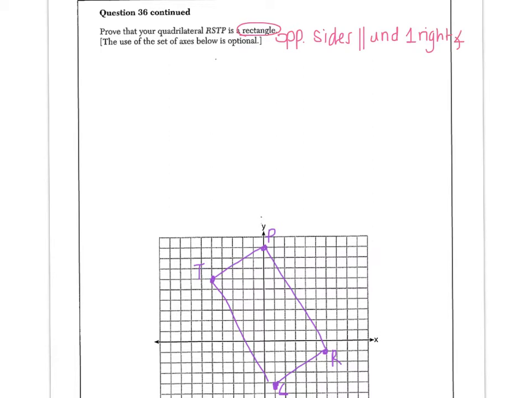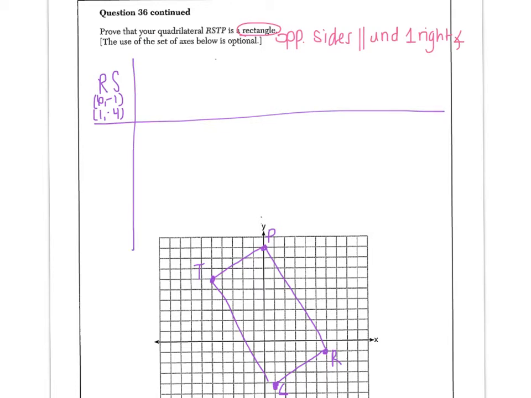So I need to talk about all 4 pairs of sides. So I'm going to list each pair, and I'm also going to list the coordinates underneath. So R is located at (6, -1). S is located at (1, -4). And I'm going to make a nice, big, beautiful chart here.